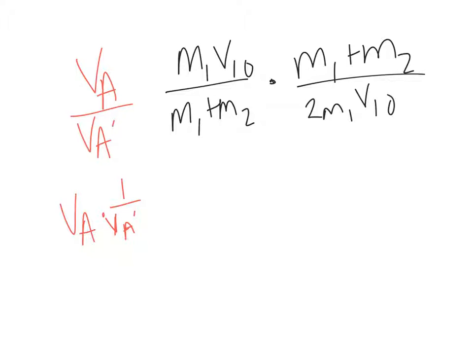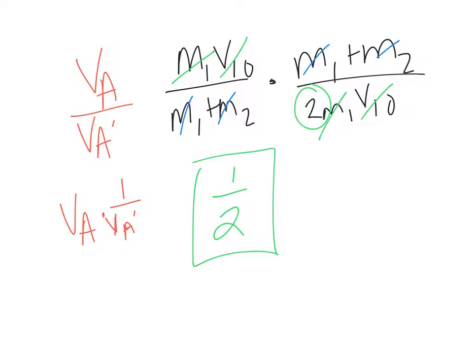Cancel out what I can. So those cancel. And this M cancels this M, this V cancels this V. I'm left with the 2 on the bottom, which means that this becomes my factor. Fun, right?